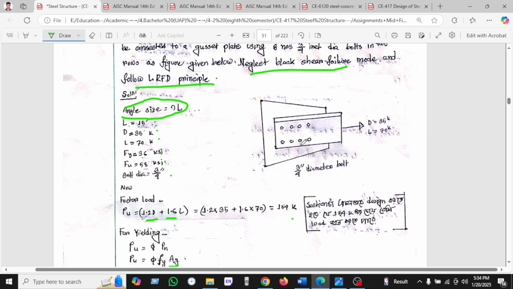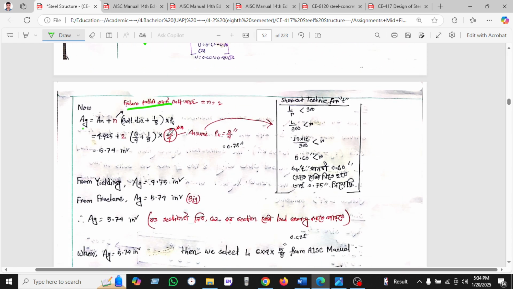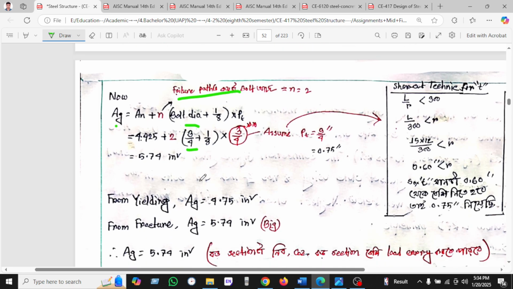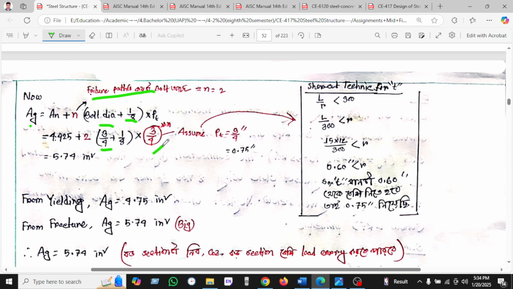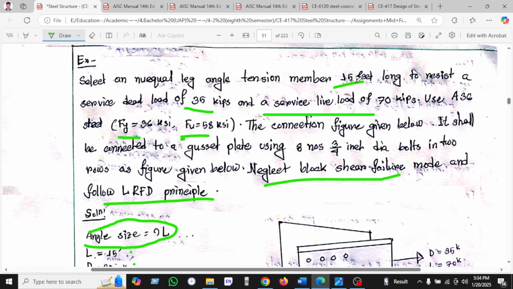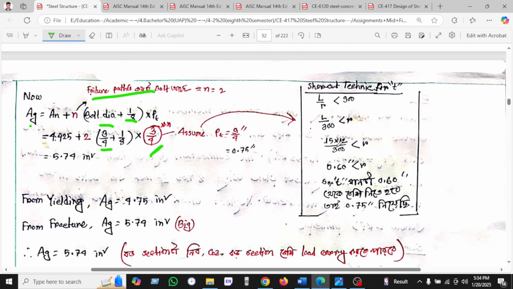We have seen here two bolts in a pathway, we are considering one pathway, and the bolt diameter is 3/4 plus 1/8 as we are considering the bolt hole. The plate thickness is the most important; how do we get it? It comes from the slenderness check, L divided by r less than 300, so 300 comes to the bottom, L and r in the section. L is given as 15, we multiply by 12 to convert to inches and found 0.60.